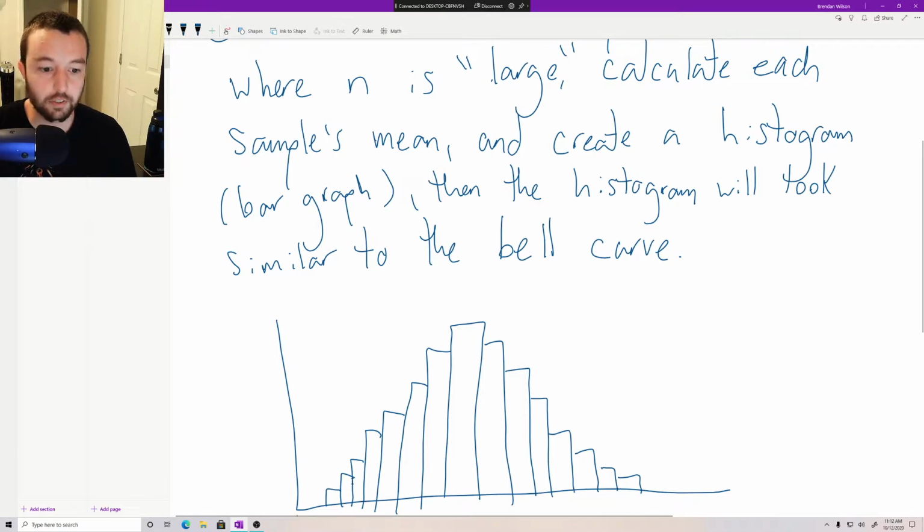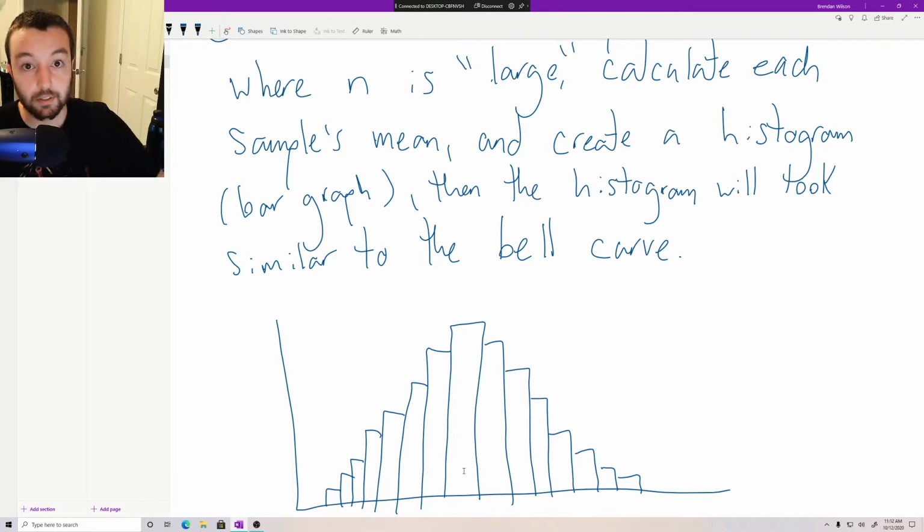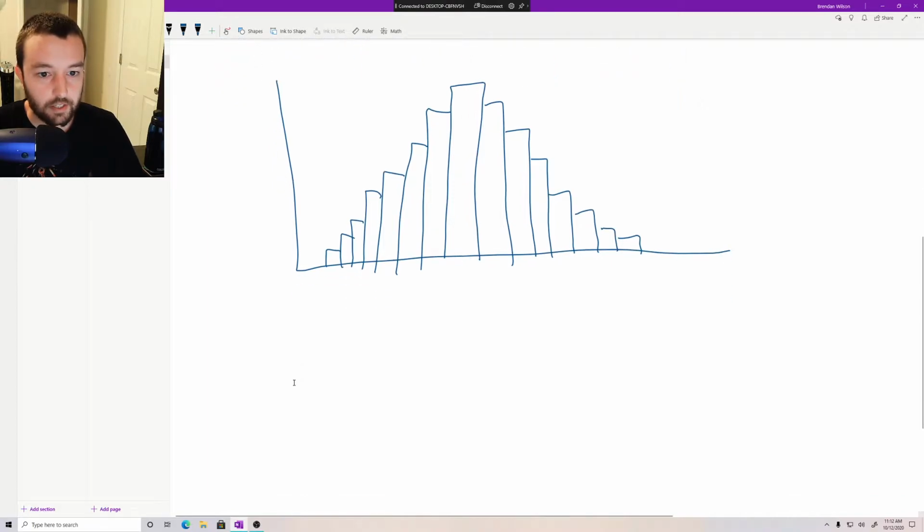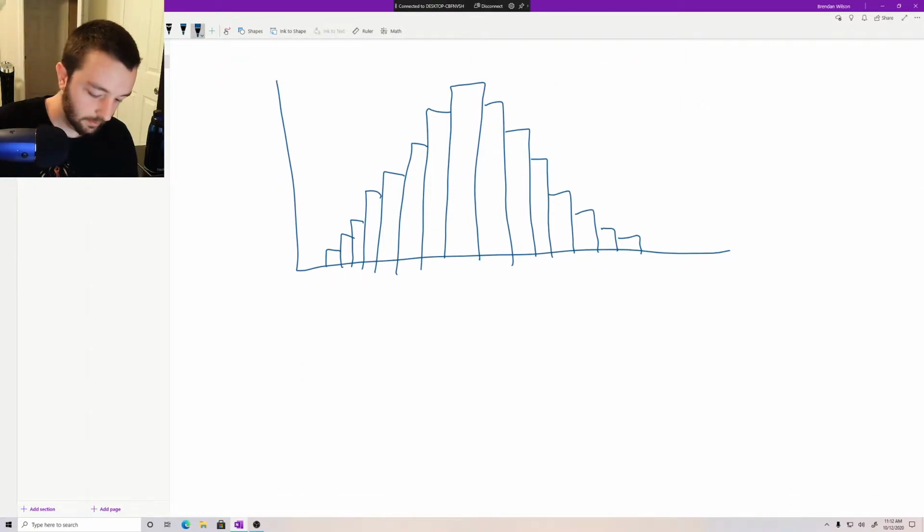It doesn't have to be in order though. Like maybe this is the first sample's mean, this is the second, this is the third, this is the fourth, etc. Okay. If we were to rearrange them, we would eventually get it to look like the bell curve. So that's one way to think about what the central limit theorem says.